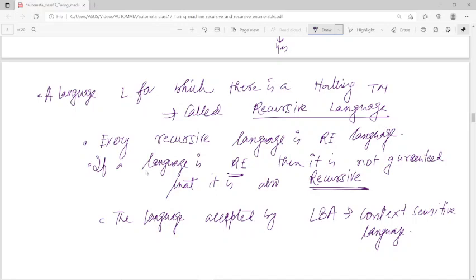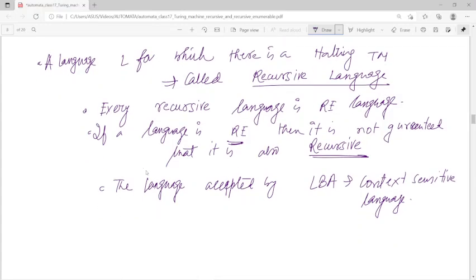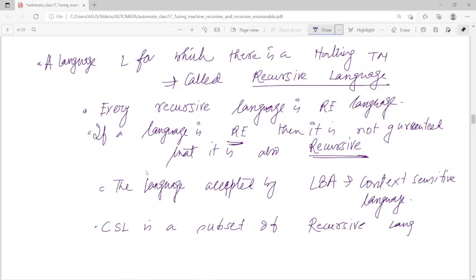That means you can also say that context sensitive language is a subset of recursive language. And what is PDA? PDA is nothing but a Turing machine with tape as a stack.